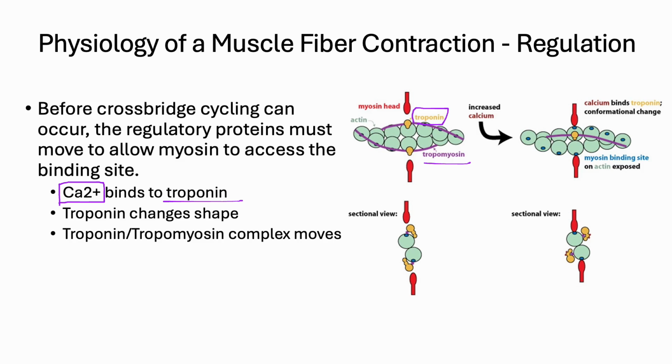So we move from this direction to this right here. Myosin cannot bind because the regulatory proteins are covering the binding site. When calcium binds, it shifts those regulatory proteins, and now we see that myosin can bind to actin because that binding site is now free or open.